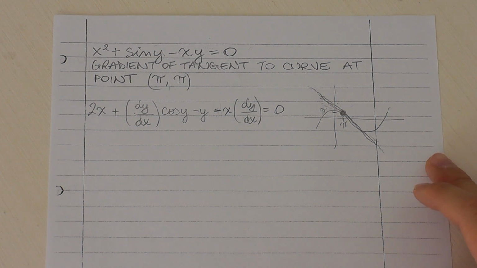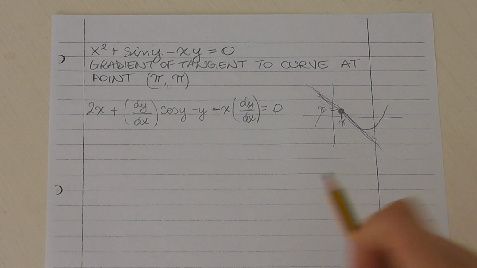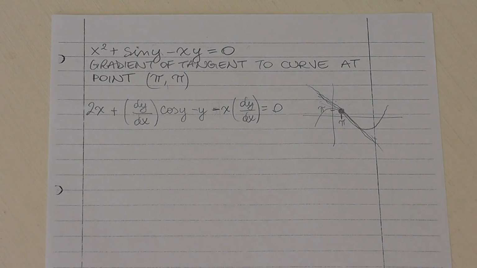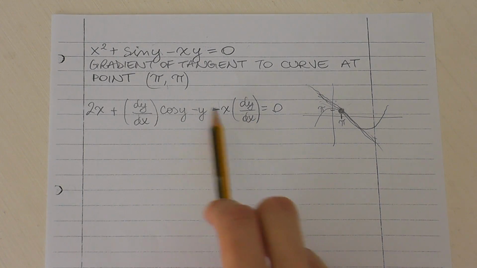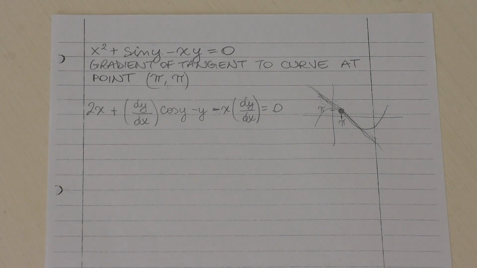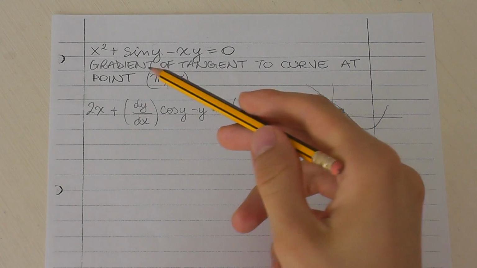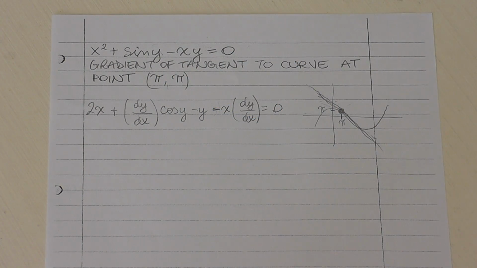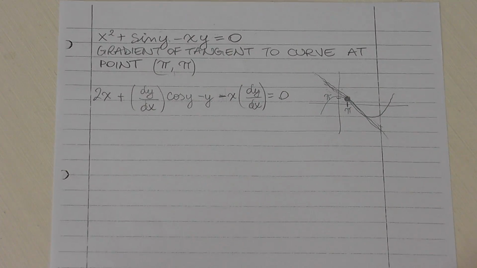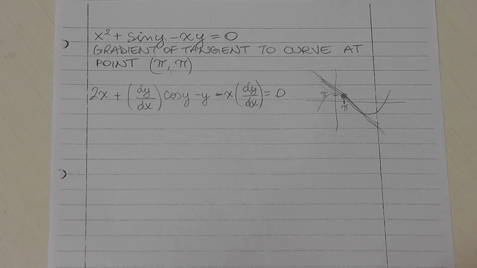What we do next is we need to clean this up. There are actually two ways you can do this. You can either isolate dy dx on the left side of the equation first, and then plug in pi into x and pi into y, or you can just start plugging in right away, which I find a lot easier, and that's what I'm going to do now.